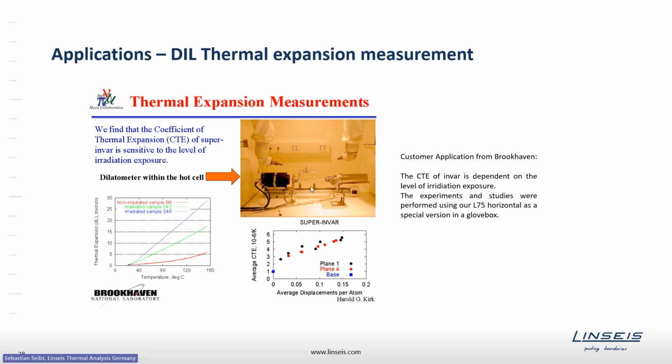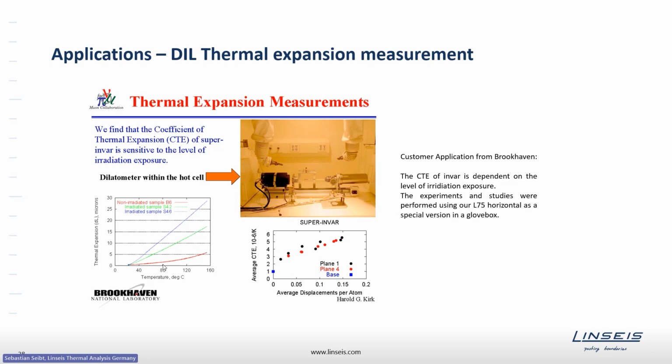As said, the dilatometer measures the thermal expansion and determines the coefficient of thermal expansion. And what they did is they used medium and highly irradiated samples and compared them to non-irradiated samples and looked at the thermal expansion. So the samples were heated linearly, and what you see here is different curves with different expansion rates.